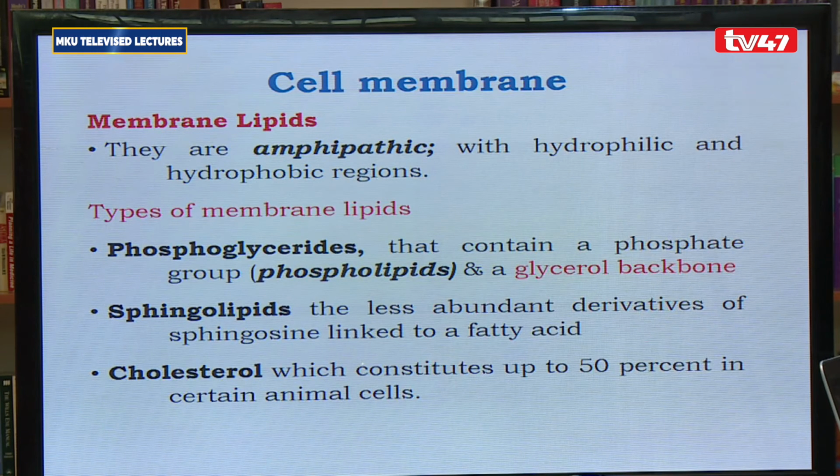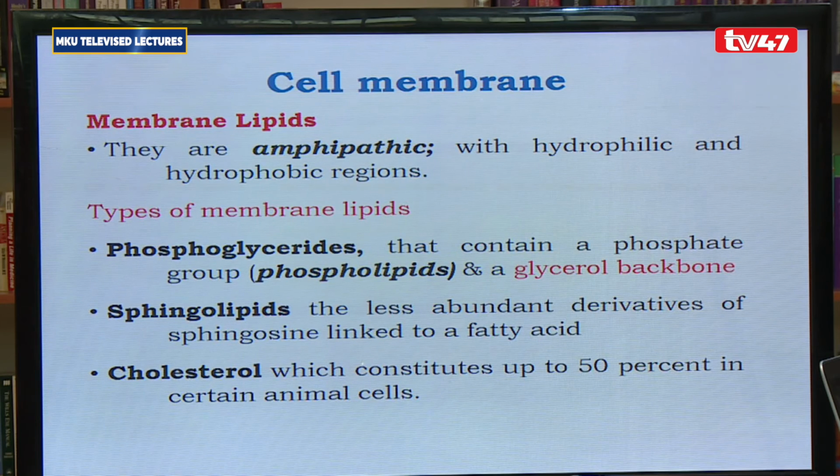Again, for you to understand this better, look at some structures of these phosphoglycerides to be able to see the glycerol structure, which forms the backbone of this particular lipid. We have sphingolipids, whose backbone is made of sphingosine, again, a structure which I could not explain in words, but if you look at the structure in a textbook, you'll be able to see the difference.